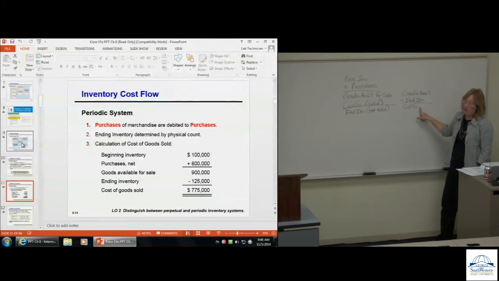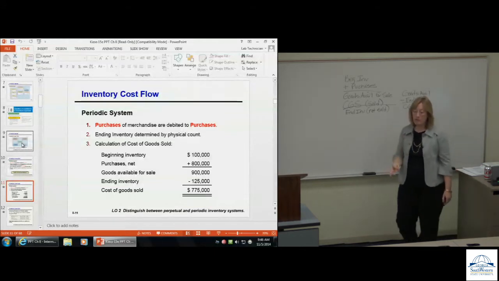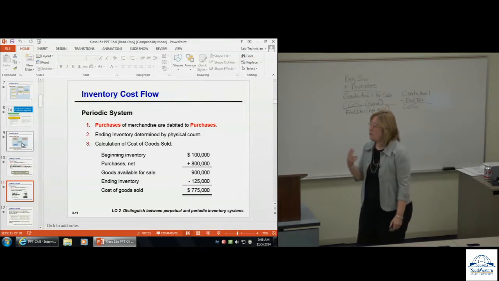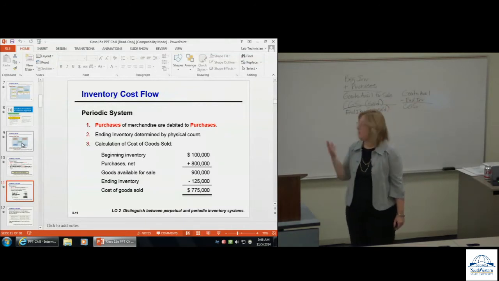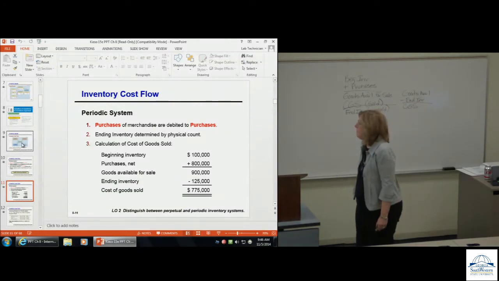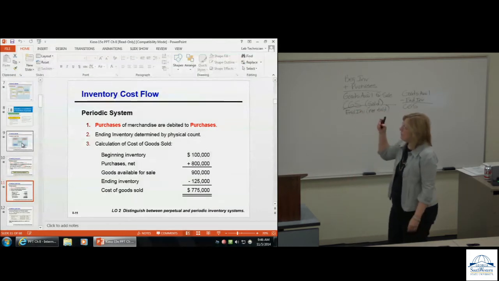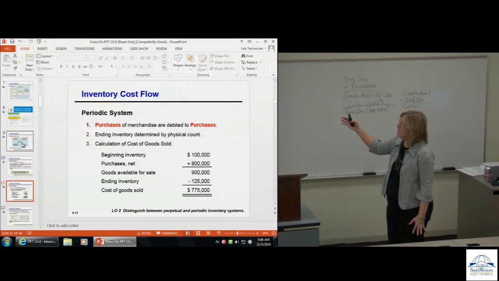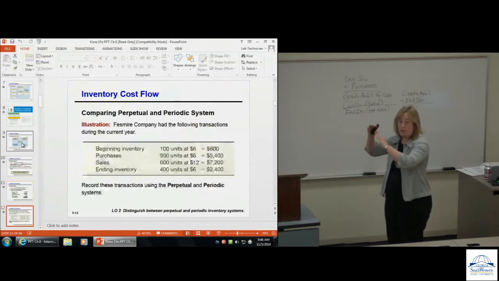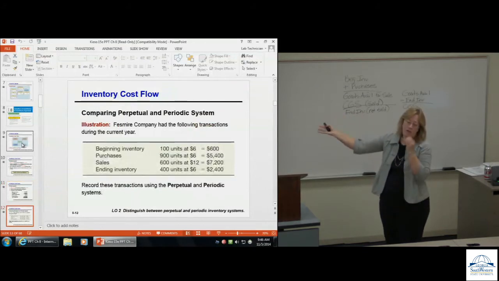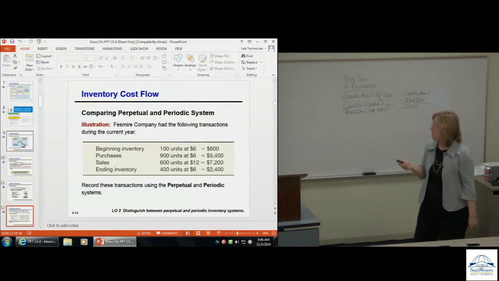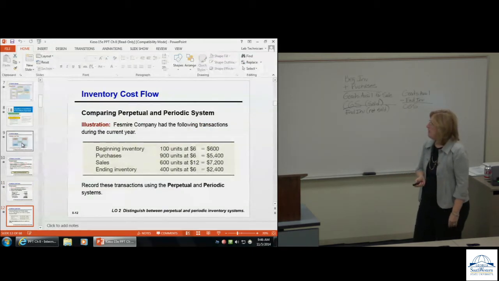So they don't know inventory or really cost of goods sold either until the end of the period in the periodic method. Okay? So how do they figure it out? Beginning inventory plus purchases, they count the inventory, subtract it, and then they know their cost of goods sold was $775,000. Okay.